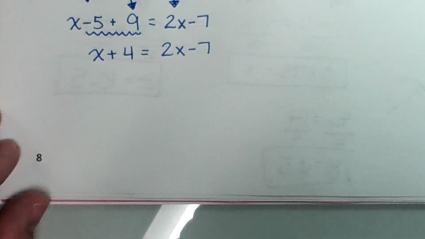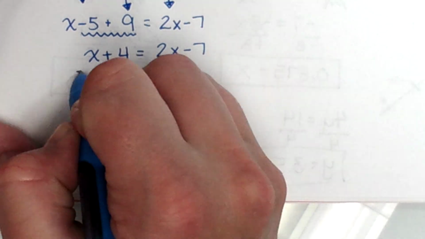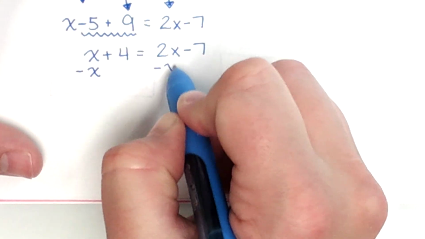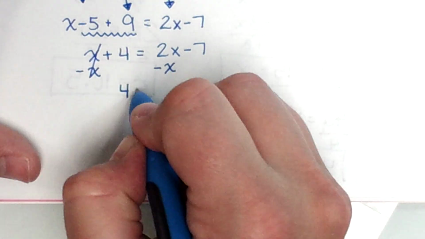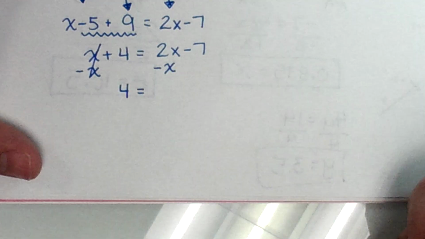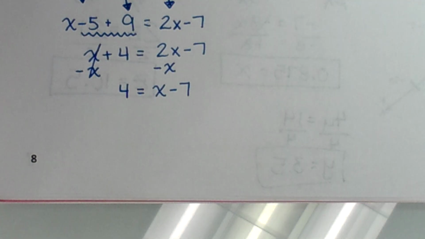How do I solve an equation that has x on both sides? Minus x. Move them together. If they're positive, you subtract. If they're negative, you add. I want to move a positive x, so I'm subtracting. 4 equals 2x minus x. 1x, or just x. Still got minus 7. Subtract or add?